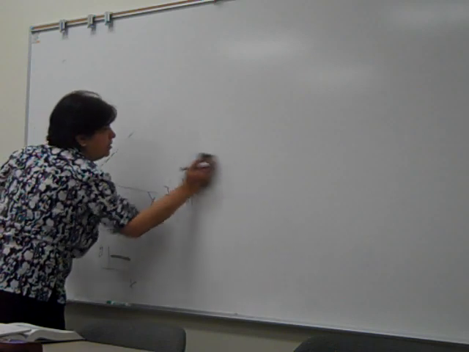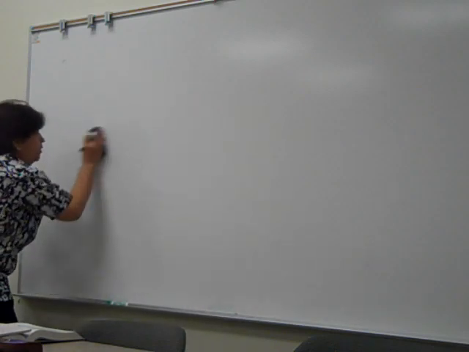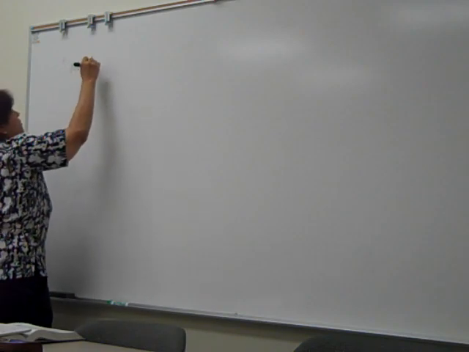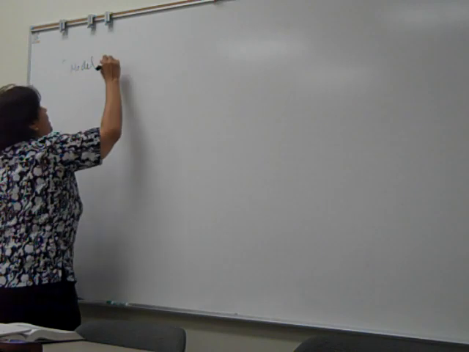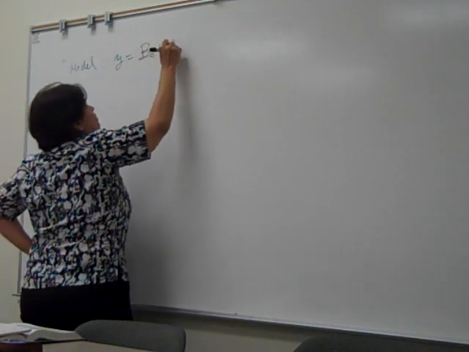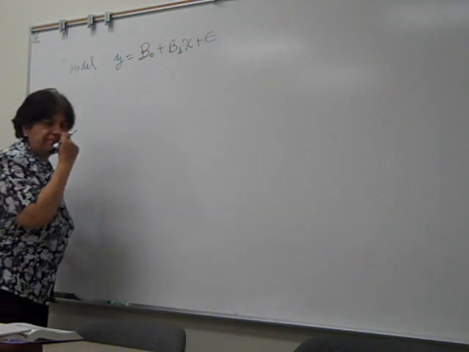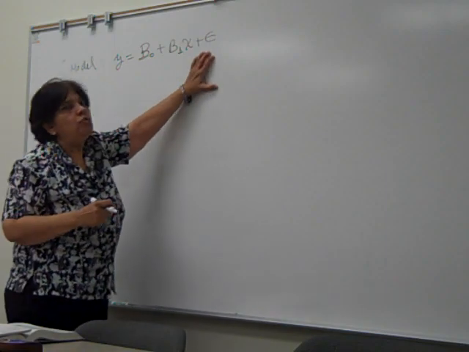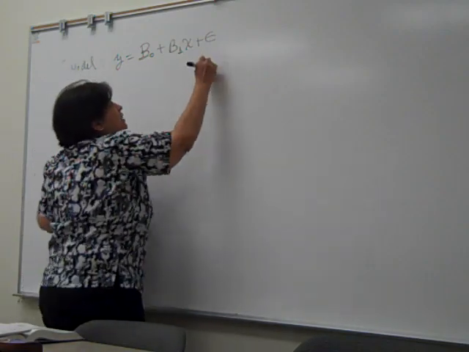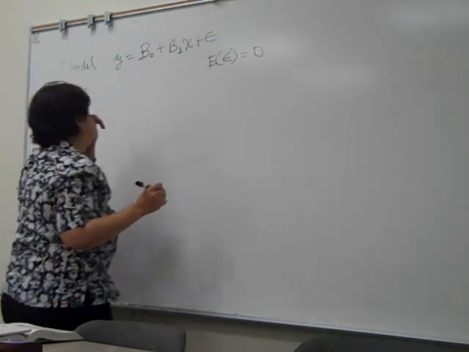Now, in linear regression, we have a model. The model says that y is equal to beta 0 plus beta 1 x plus epsilon. And epsilon should be a random variable, normally distributed, and the expected value of this random variable should be equal to 0.